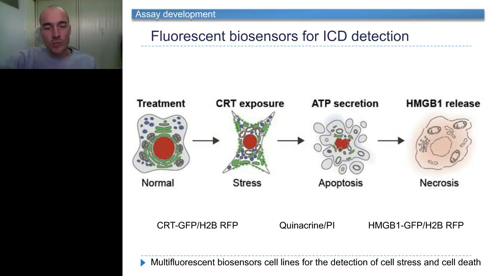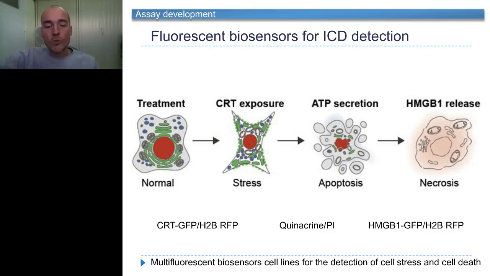We also use a chemical stain, which is called quinacrine. With quinacrine, we are able to mark ATP-containing vesicles inside the cell. And of these ATP-containing vesicles, the number of vesicles and the intensity of the quinacrine staining massively decreases when ATP is released from the cells in the conditions of immunogenic cell death.